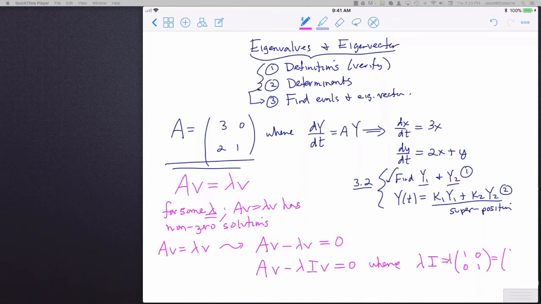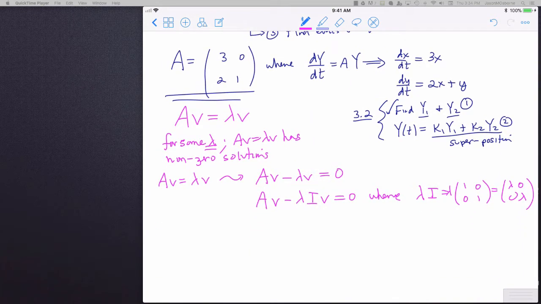So this would be putting lambdas on the diagonal of this matrix. Okay. And then notice that they both have a v in common, so you're going to factor out the v.